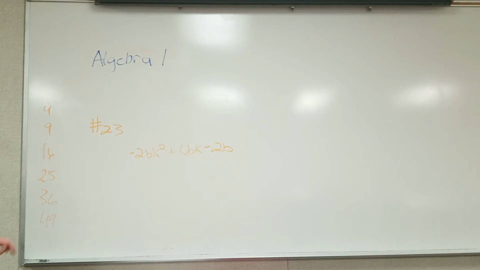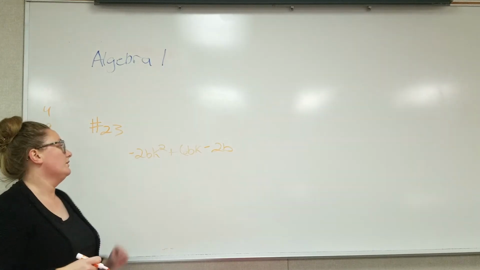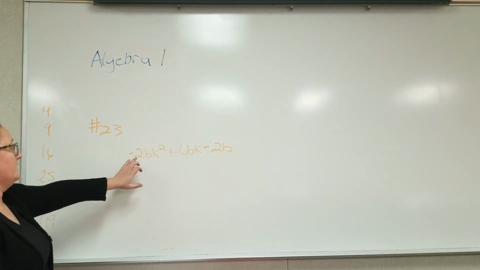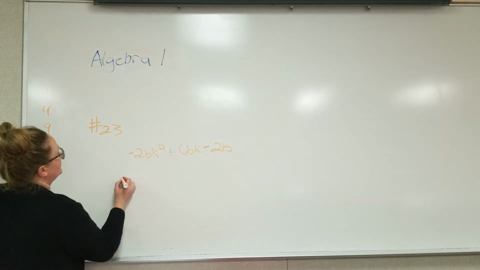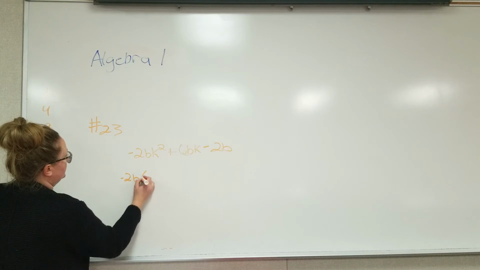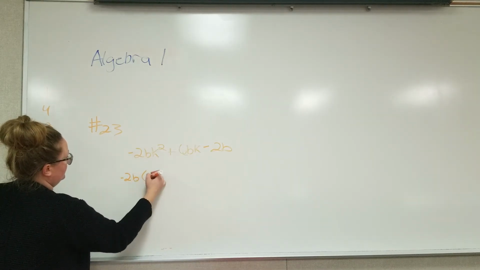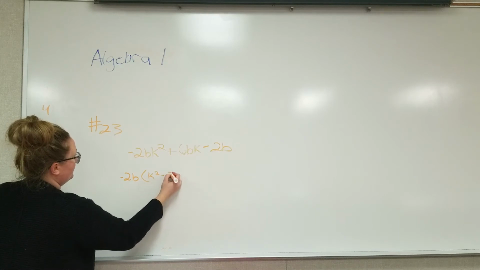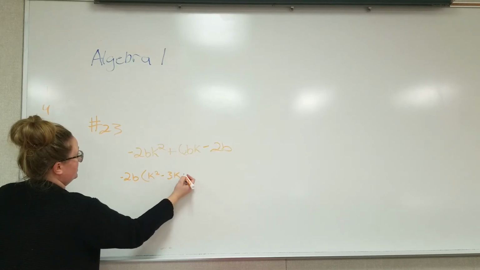Well, if you look, 2, 6, and 2 are all divisible by 2, but also there's a k in each expression. So we're going to take out negative 2, so we can get rid of this negative b. So we're going to factor out a negative 2b. So all we have left here, we took out negative 2b, we have a k squared. 6 divided by negative 2 is negative 3k, because we took out the b.